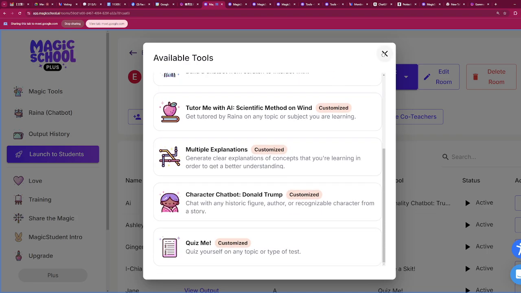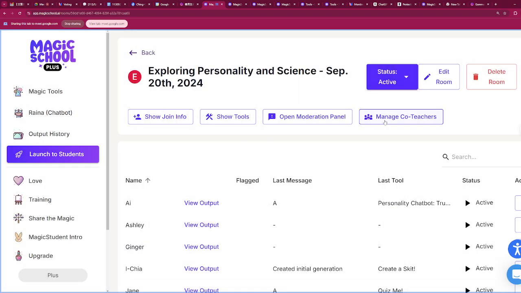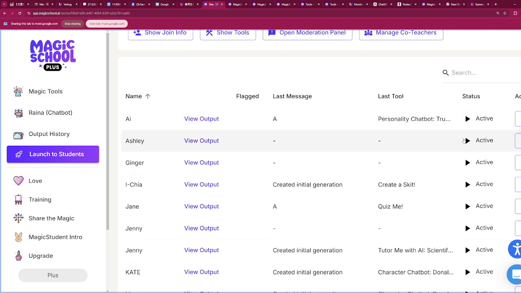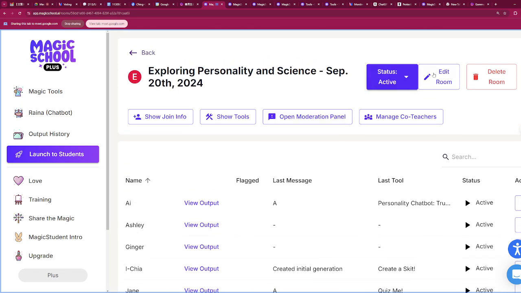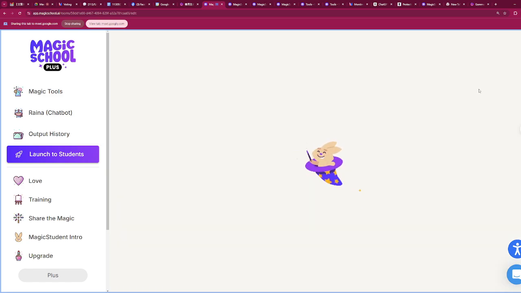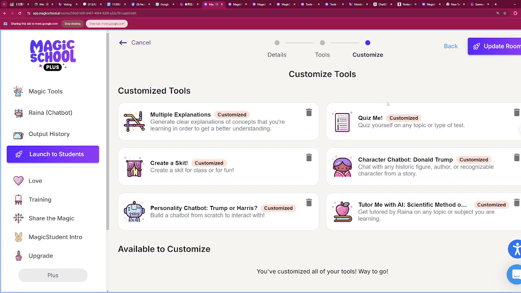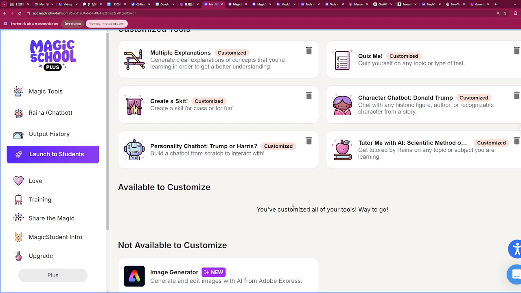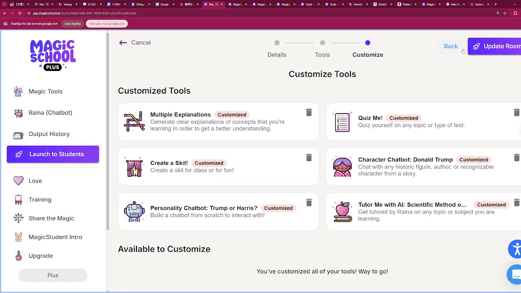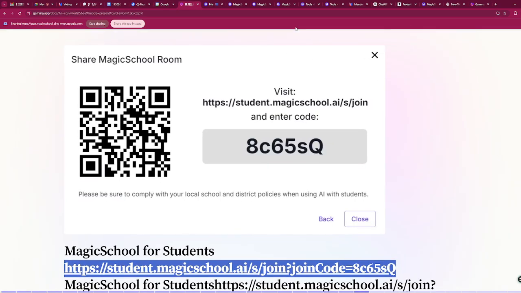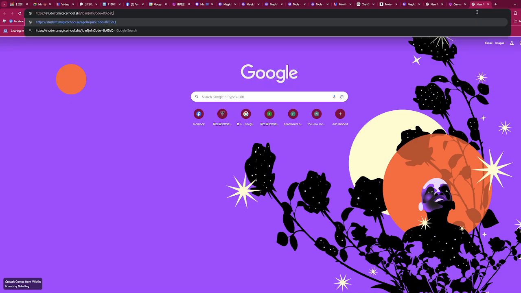These are the tools. You could open the moderation panel, manage co-teachers, and these are the results that you've explored. Let me show you this. Maybe I should join you here.